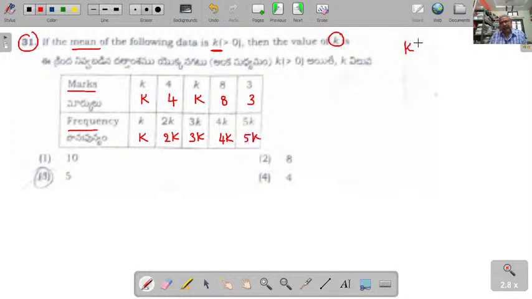Here k is greater than 0. The mean equals k, as given.